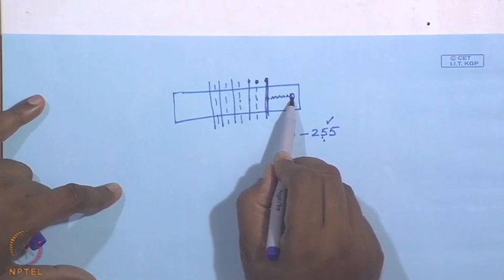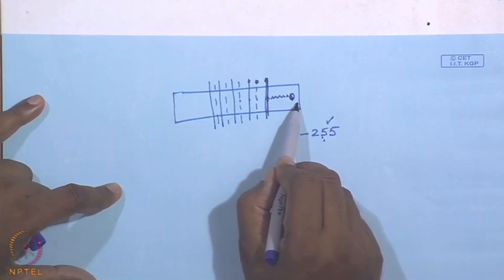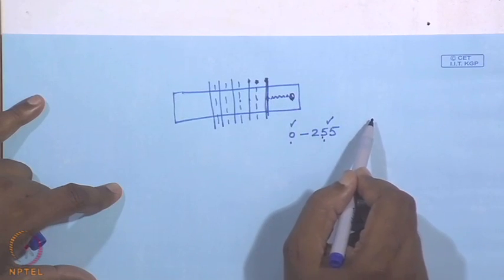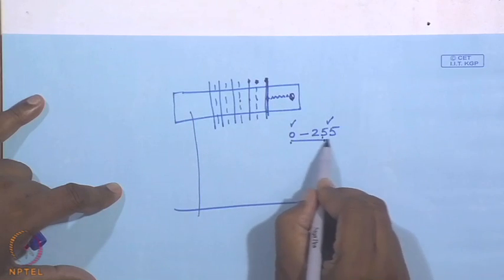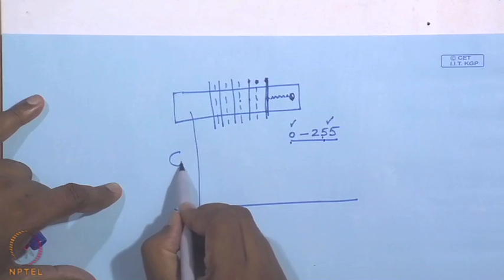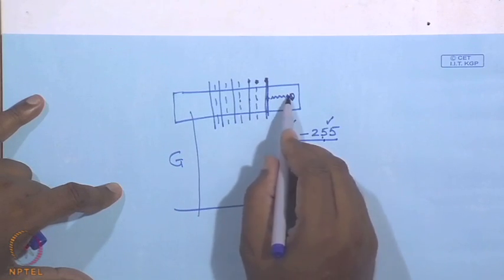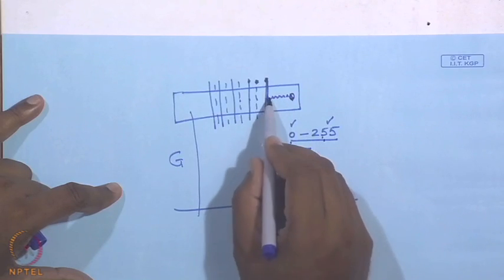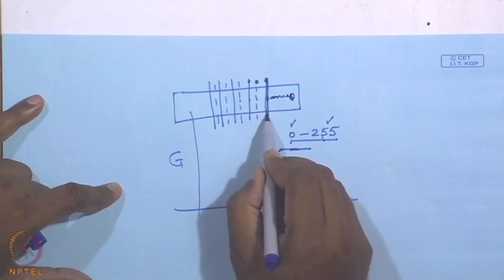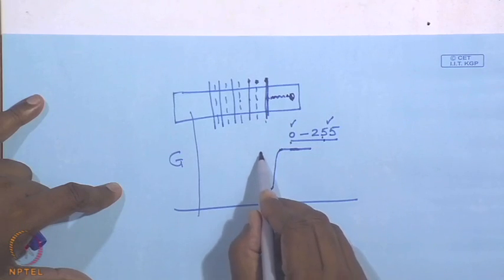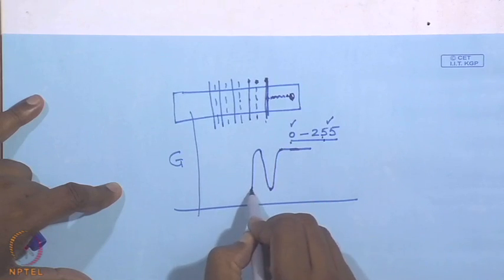Now, we understand that as the film covers the solid surface, its reflectivity will increase. So, if I plot the gray values, that is 0 to 255, of every pixel from here to here, what we see is more or less a constant value of the reflectivity, since it has an adsorbed film, then it drops to a minimum corresponding to this, and then it moves up corresponding to the bright, falls down corresponding to this point, moves up, and so on.